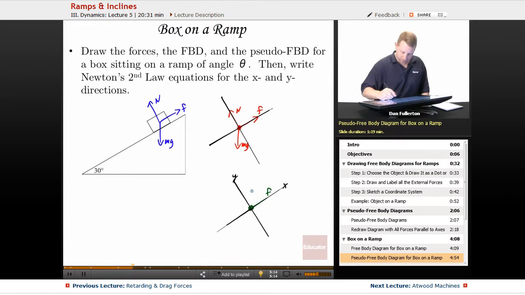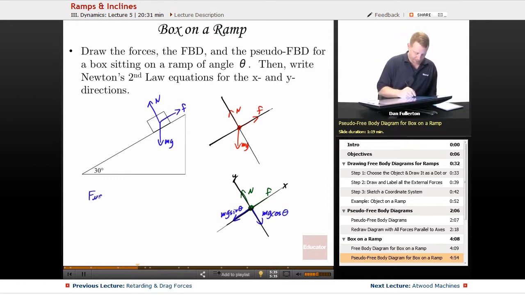We've got our frictional force, our normal force, and now breaking up our weight into a component parallel, mg sine theta, and perpendicular, mg cos theta. And if I were to write Newton's second law equations there, in the x direction, net force in the x direction, assuming we're going to call down positive here, we could write that as mg sine theta minus frictional force equals max.